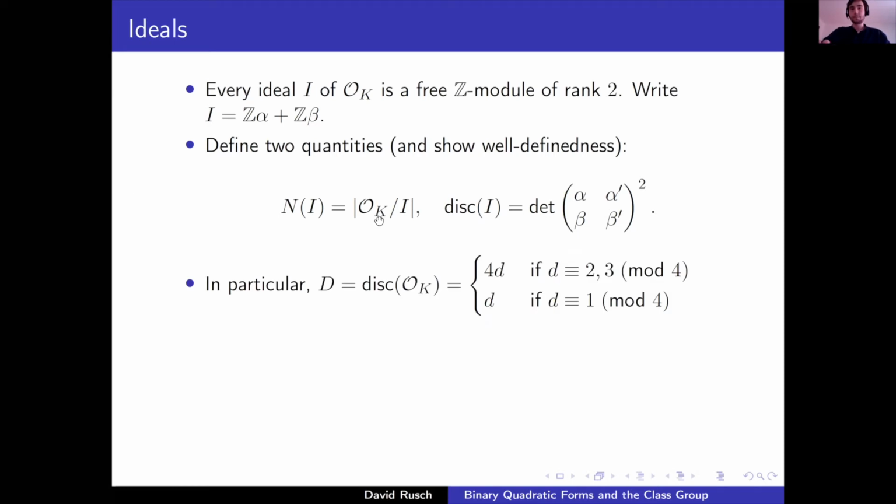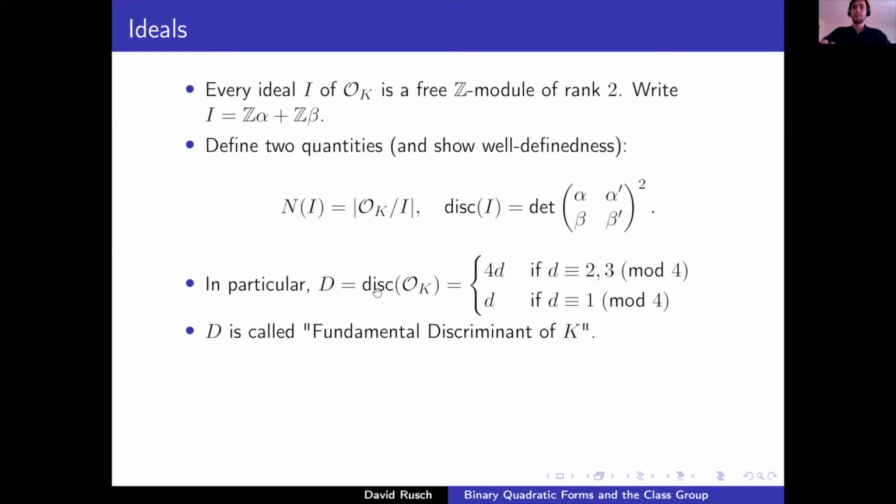And also what we can do, which is actually very important in algebraic number theory, is define the fundamental discriminant, which is just the discriminant of OK viewed as an ideal of itself. And we can explicitly compute that.